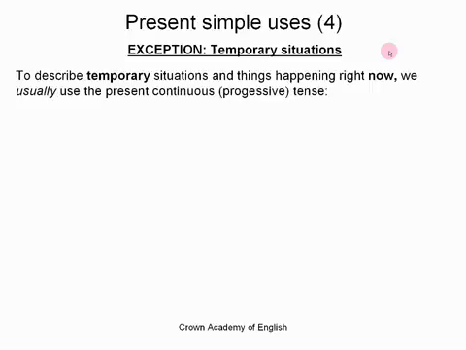So this is what I've just been saying. To describe temporary situations and things happening right now, we usually use the present continuous tense. So let's have a look at that example.